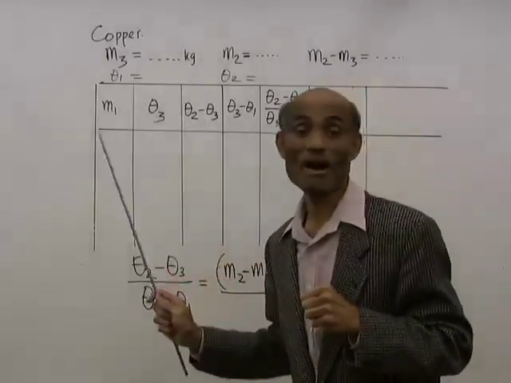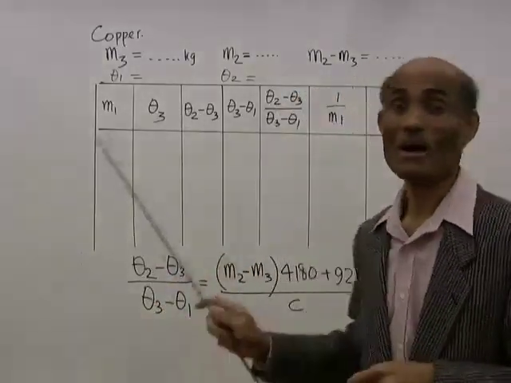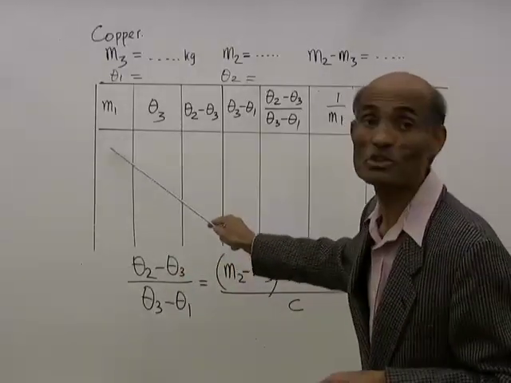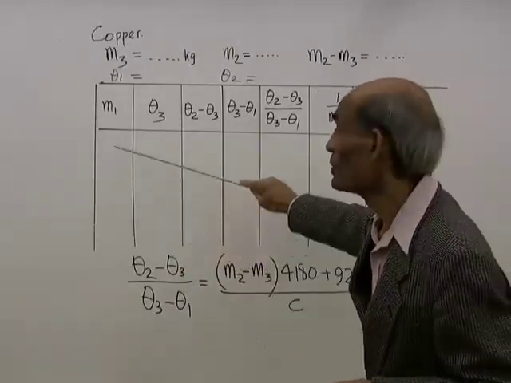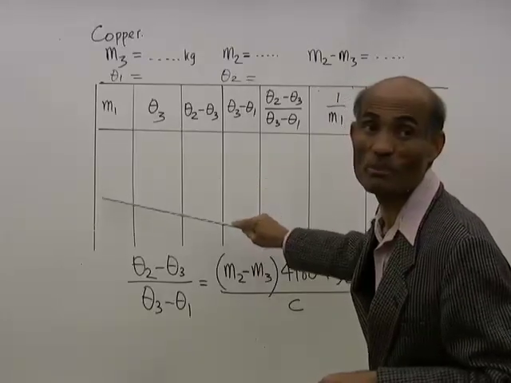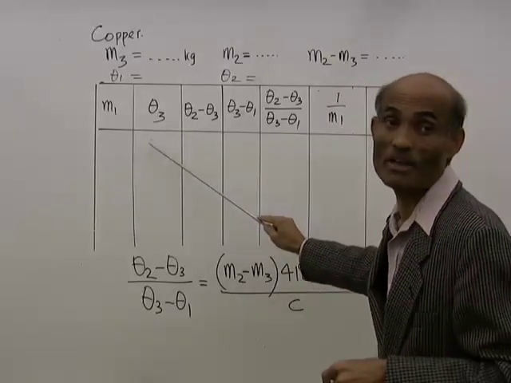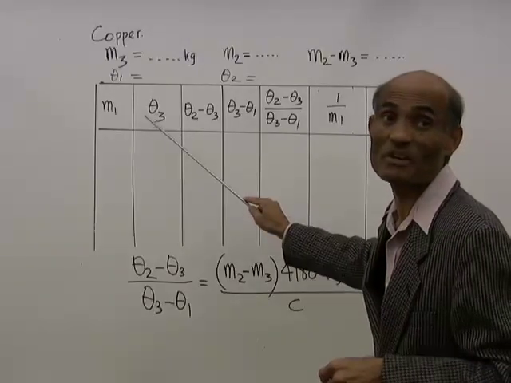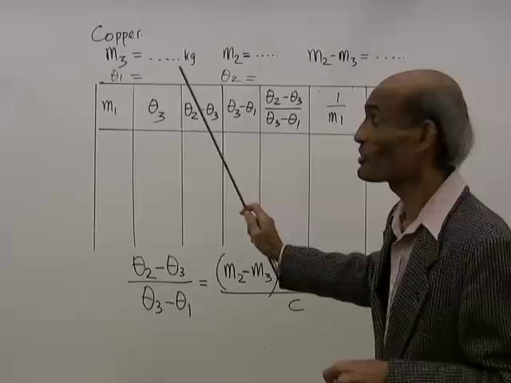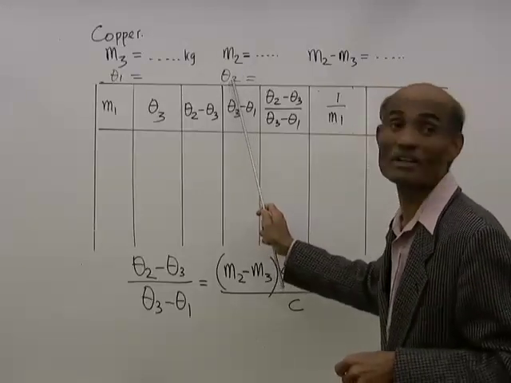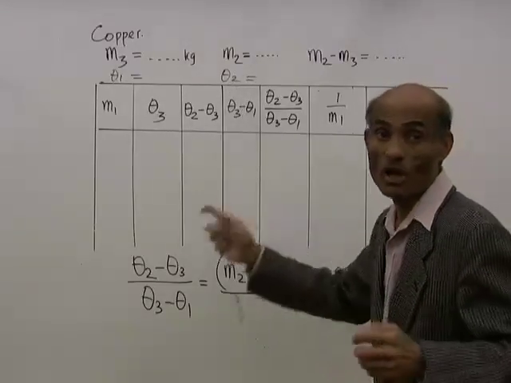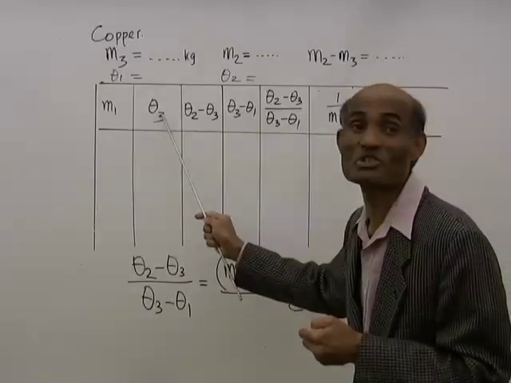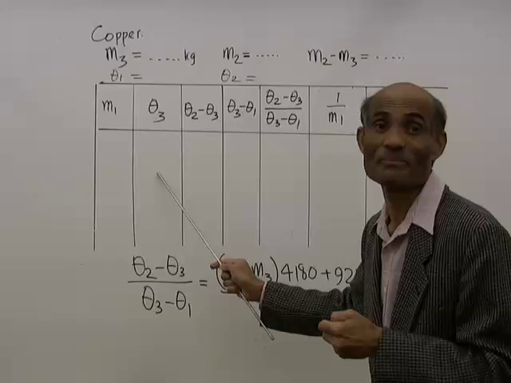And now you have 5 pieces of copper. Now I'm going to give you the 5 pieces of copper and you are going to measure the masses. You can enter them here, sample 1, sample 2, sample 3, and then I will heat them all to a temperature theta 2 and then transfer them to the calorimeter, and you need to measure that temperature theta 3.